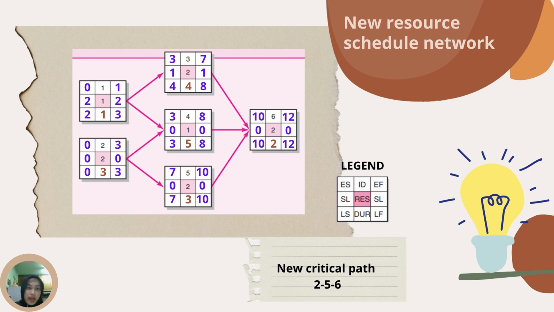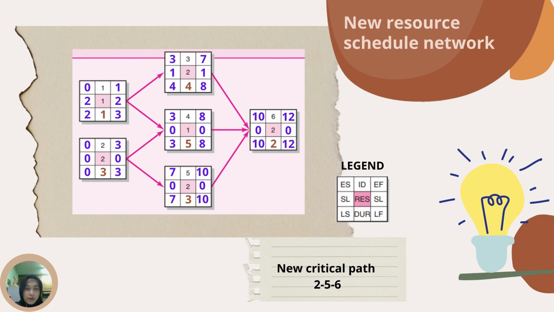So from ID2, we will proceed with ID4 and also ID5. And after ID3, 4, and 5 have finished, we will proceed to ID6. The ID3 duration is 4, ID4 is 5, and ID5 is 3. Lastly, for ID6, the duration is 2.